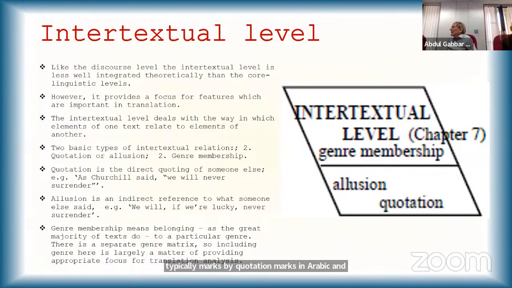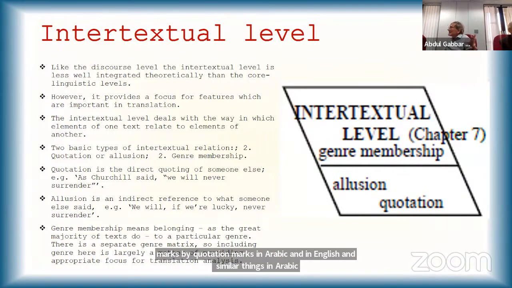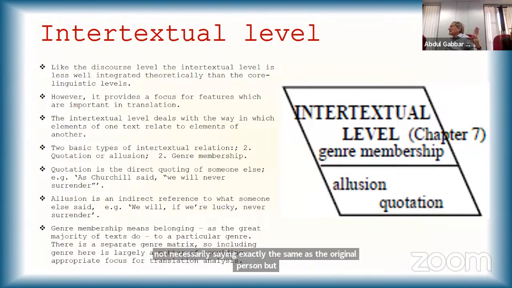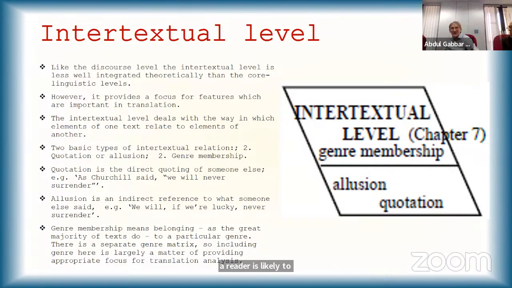An allusion is when you're not necessarily saying exactly the same as the original person, but a reader is likely to understand the reference. So if you say, we will, if we're lucky, never surrender, which might be a rather ironic way of stating something, it's likely to be understood by educated English speakers that this is a reference to Churchill's statement, we will never surrender.